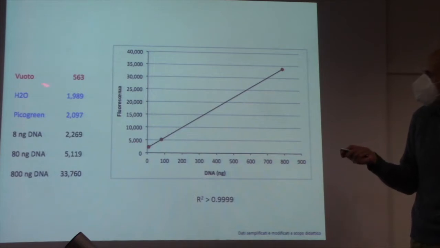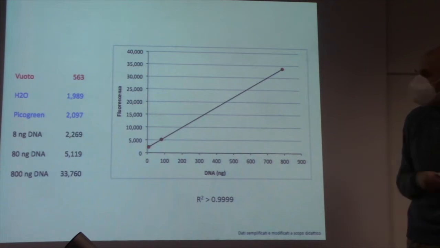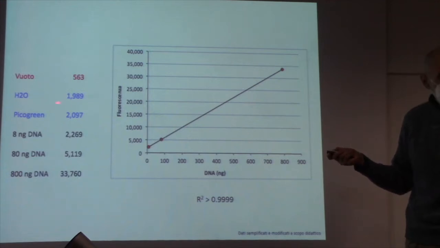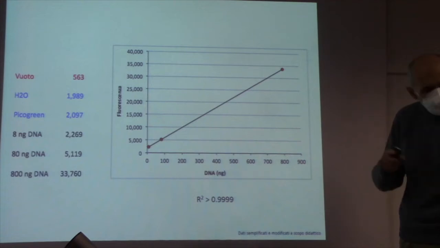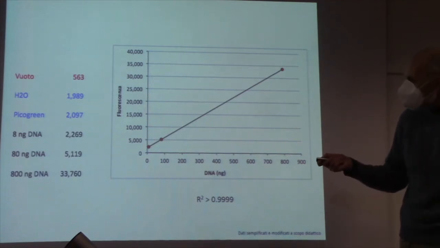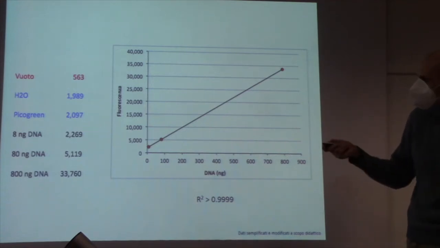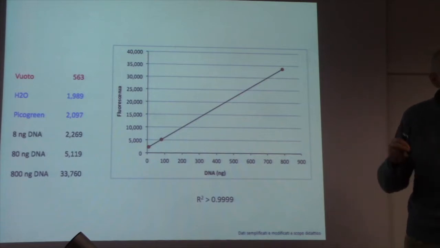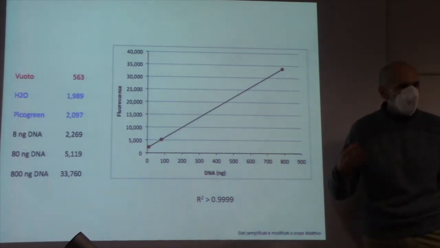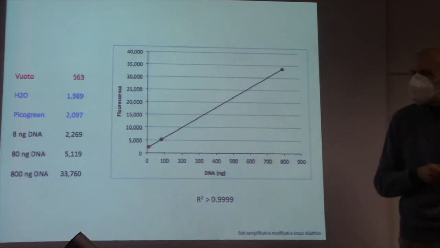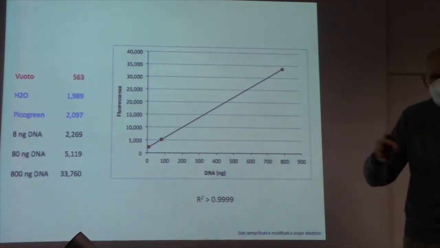So empty wells gave what we should call a background. Or rather, we could call a background a well filled with water, since our extract is in water. Or even better, water with picogreen. And so this shows that actually the mere presence of water increases the amount of fluorescence, because there is some autofluorescence of water, and because there is some scattering effects.